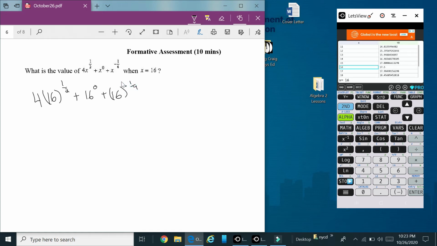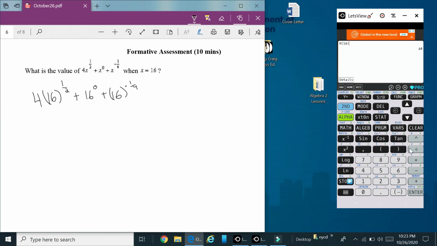Now, I'm going to clear it out of the calculator. I'm going to do it in the regular mode. So second function, I forgot to, you hit second function, then mode. And it should clear you out. And then you just plug and chug. So first you hit 4, open parentheses, 16.